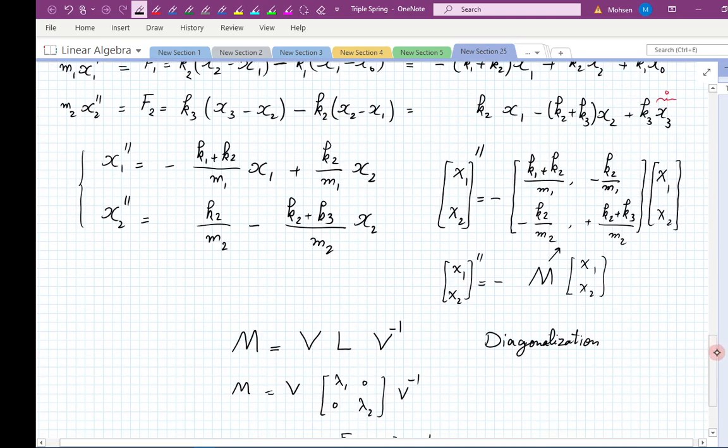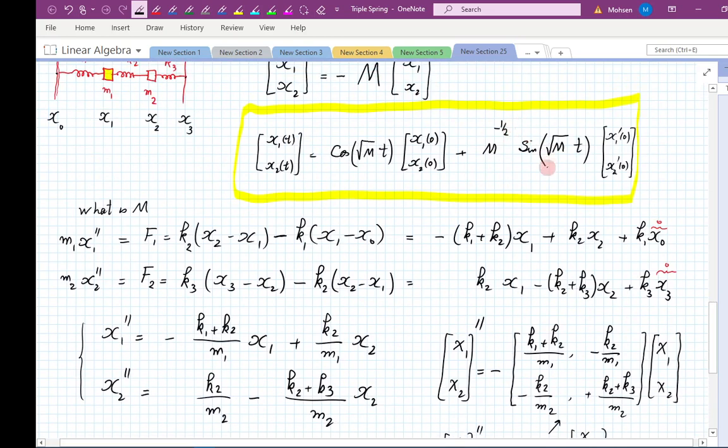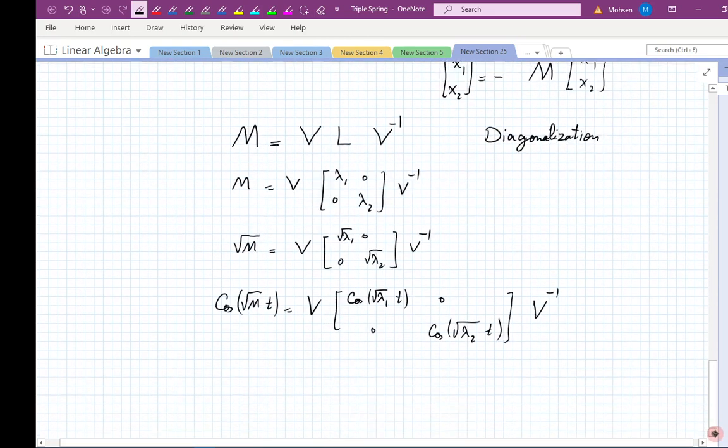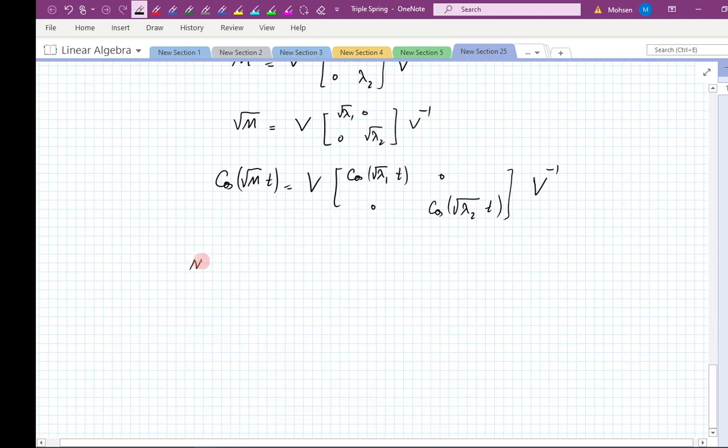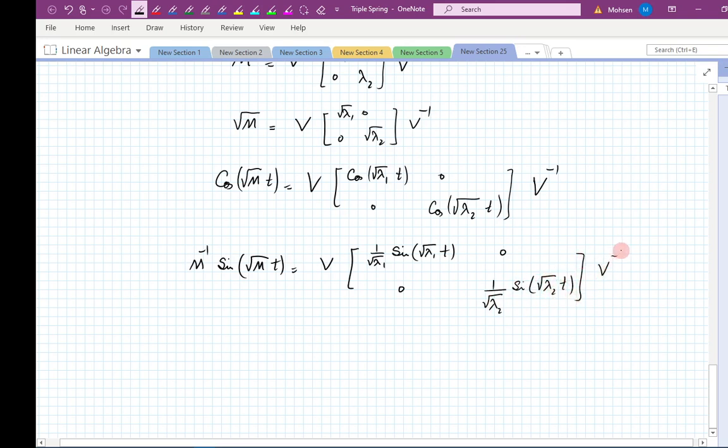How about this other component? We have M inverse sine of radical Mt. What is that? So M inverse sine of radical Mt is going to be V, this is going to be 1 over radical lambda 1 sine of radical lambda 1 t, 0, 0, 1 over radical lambda 2 sine of radical lambda 2 t, and then V inverse.